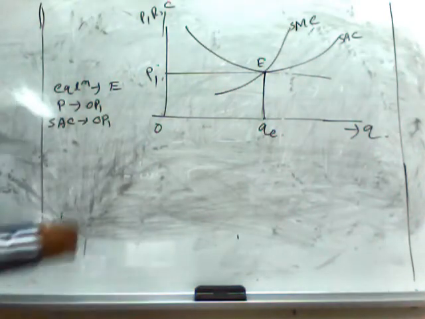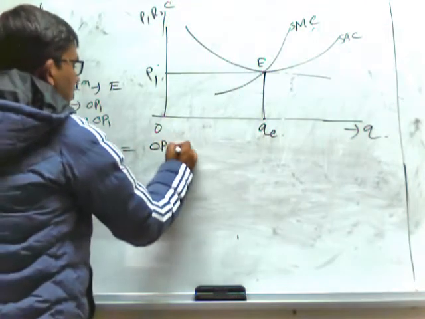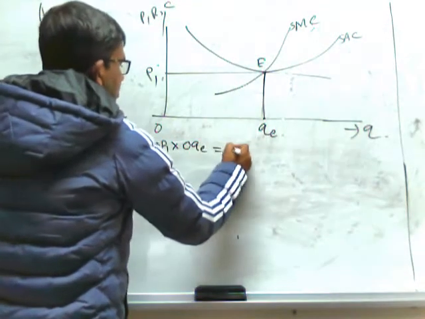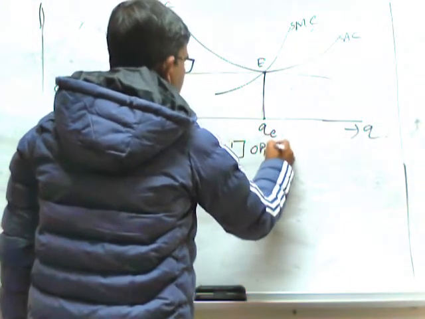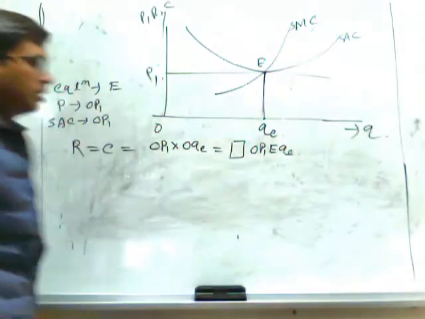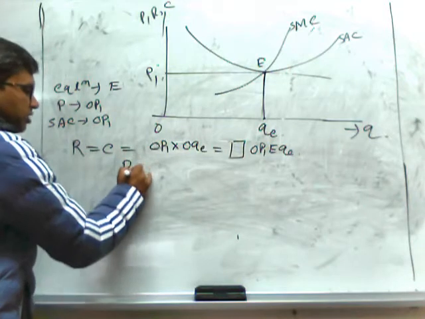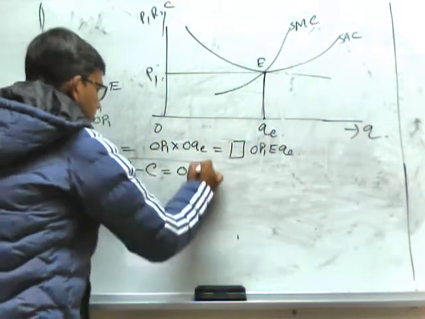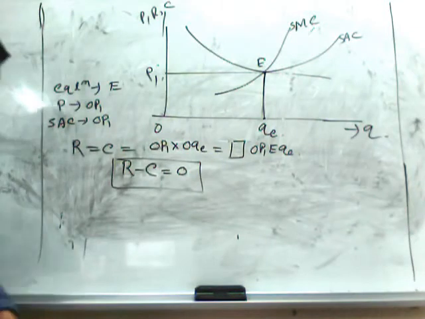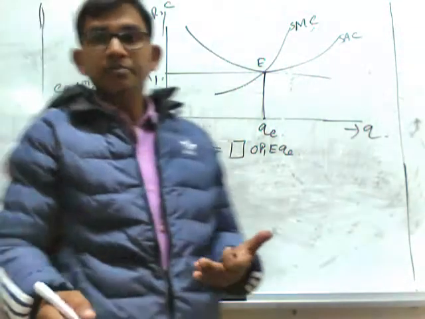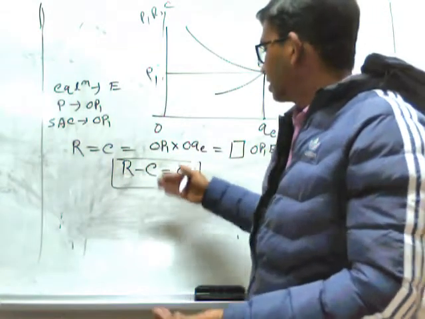So revenue equals cost equals OP1 multiplied by OQE, the area of the rectangle OP1EQE. In this case revenue equals cost, so revenue minus cost equals 0. That means the firm is enjoying normal profit. Now the question is why I am saying it is a normal profit: because we find that profit is exactly equal to 0.